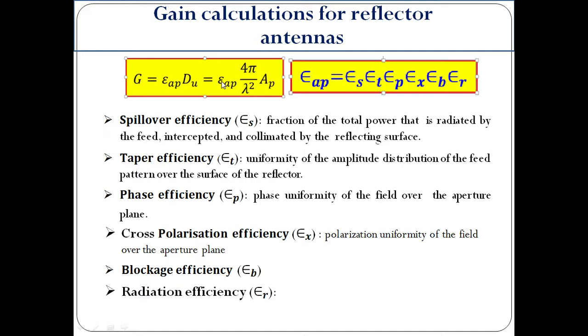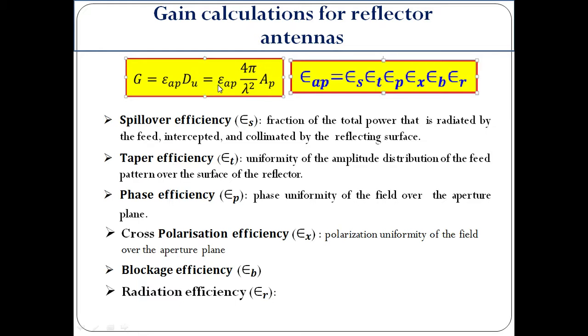Here G max equals D0, where D0 is 4 pi by lambda squared into AP. We know this is the relationship between the directivity and the effective aperture, or the physical aperture, which is the actual size of the antenna surface. So 4 pi by lambda squared into AP is D0, the maximum value.